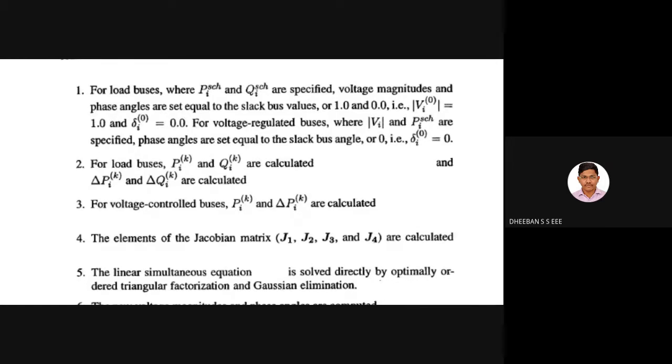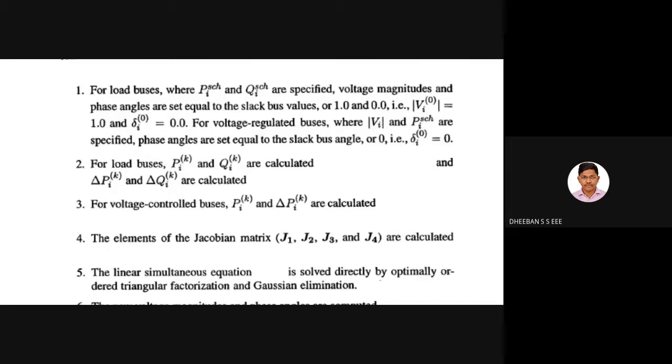After that, for voltage regulated buses, in the sense we are speaking about a PV bus. For a PV bus, what you will be generally doing is checking for your Q limit.